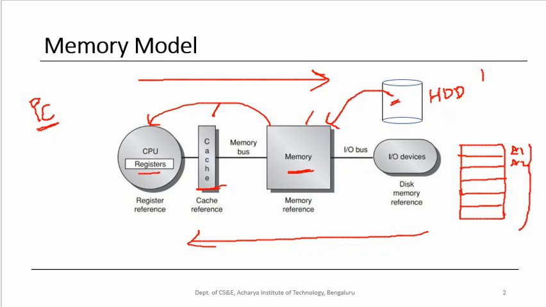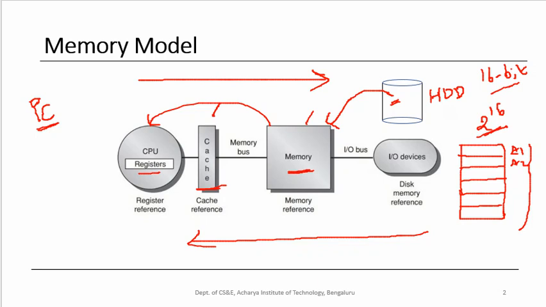For example, if the address bus has 16 lines, or if it is a 16-bit address bus, then the storage capacity of the memory would be 2 to the power of 16, right? So this is what we have discussed.